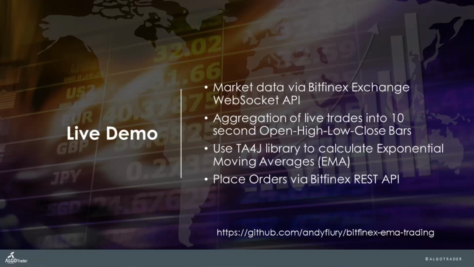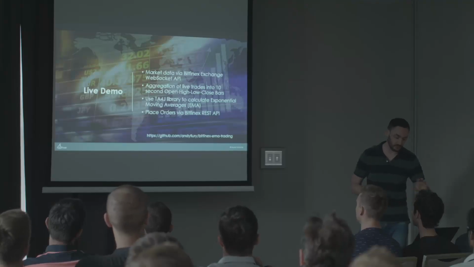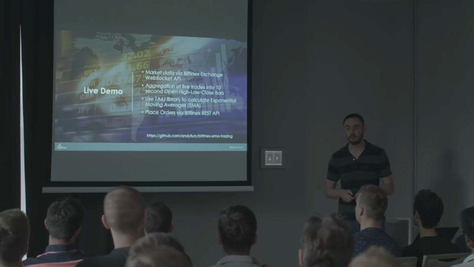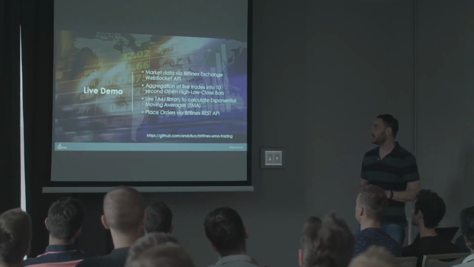The next step is to use the TA4J library to do the exponential moving average calculation. And the last step is to place orders via the Bitfinex REST API. So, if we're lucky, we'll see some live trades on the Bitfinex exchange.